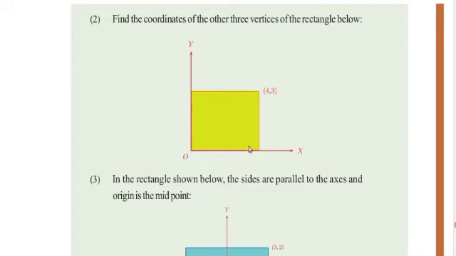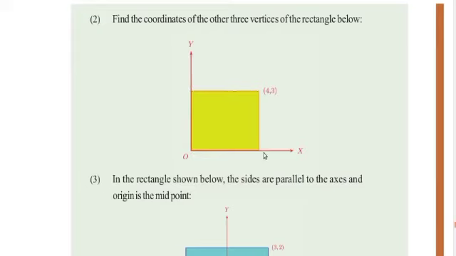Then what about this coordinate? That point is 4 centimeter away from the origin to the right on the x-axis. The point is 4, 0. What about this point? That point is 3 centimeter above the origin. So the coordinate of that point is 0, 3.